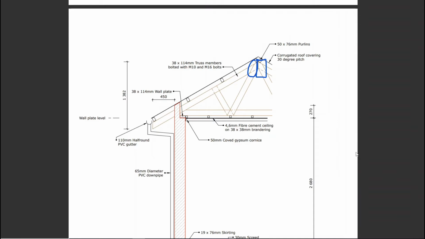You're going to need a bolt through that. So there's an M10 and an M10 on either side. But once they come together, they're actually meeting flush. So now you need a nail plate. It's a 100 by 150 by 1.2 nail plate.